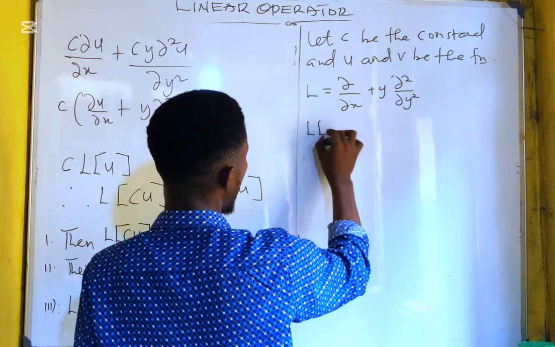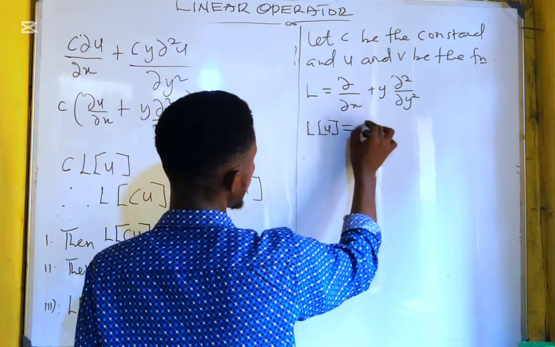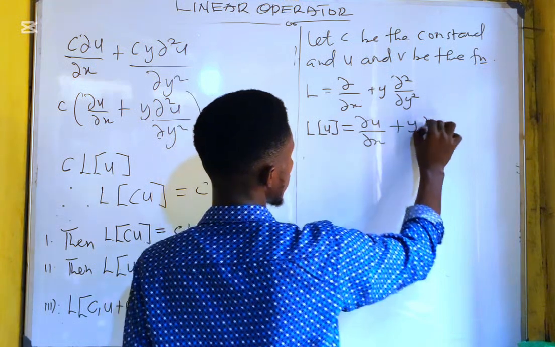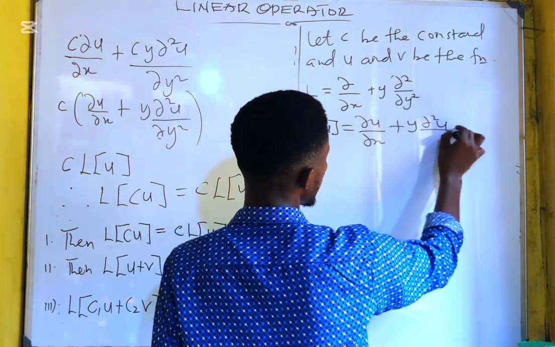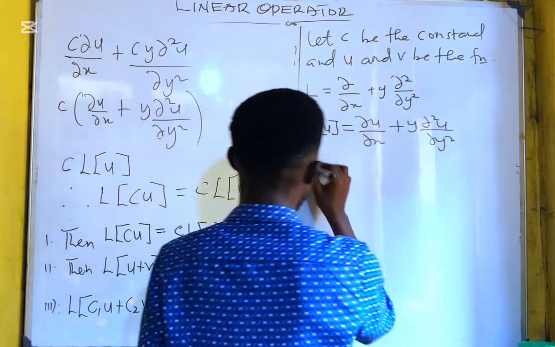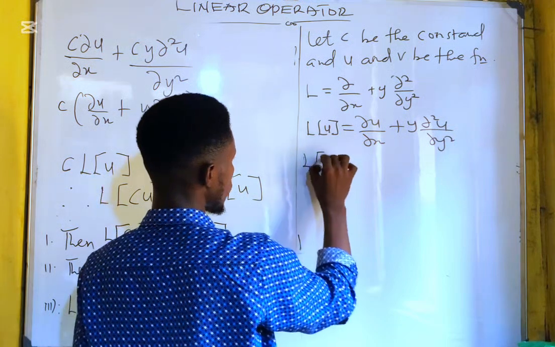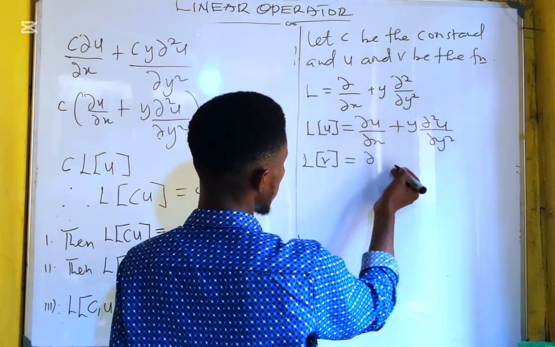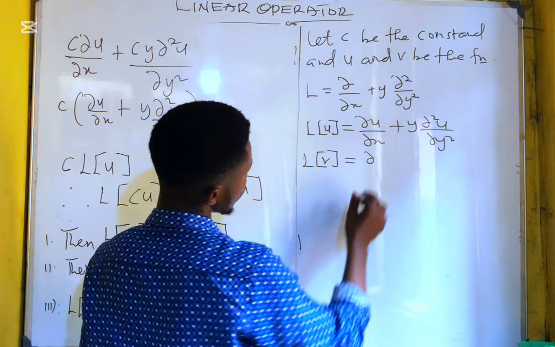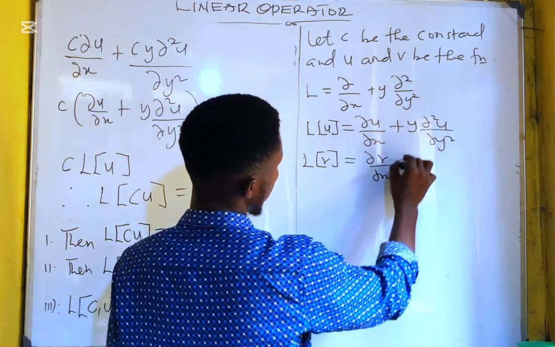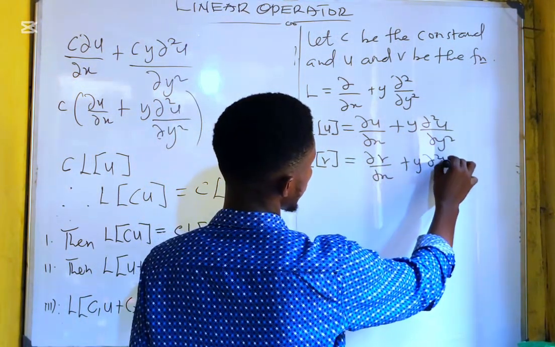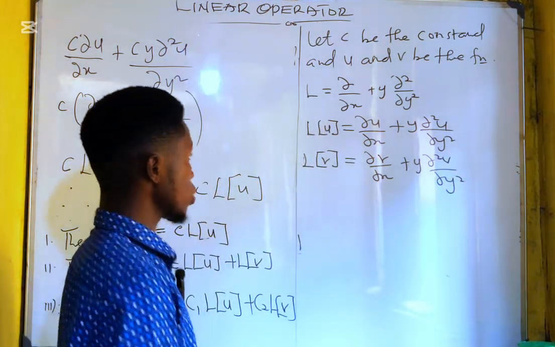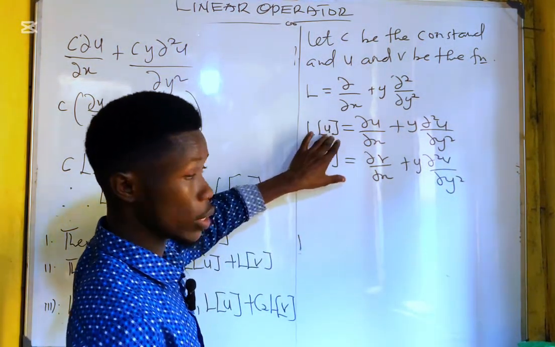So Lu will be ∂u/∂x plus y ∂²u/∂y squared. And then Lv will be equal to ∂v/∂x plus y ∂²v/∂y squared. Okay, so this is when I operate the L on the functions.